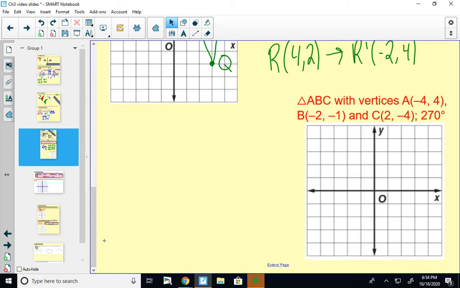We're going to take triangle ABC and rotate that triangle 270 degrees counterclockwise. So A is at (-4, 4). B is at (-2, -1). And C is at (2, -4).